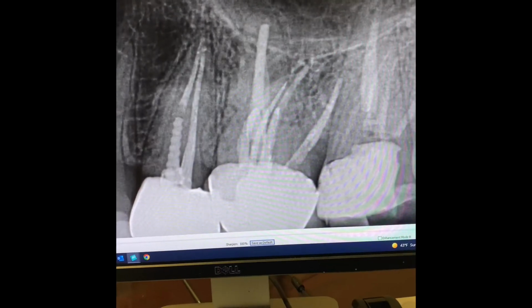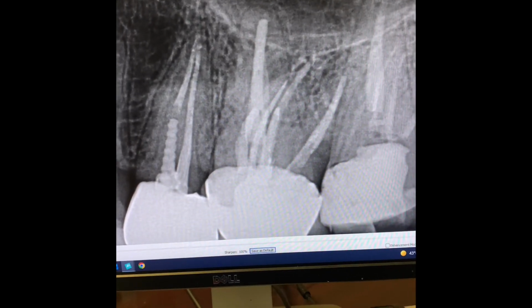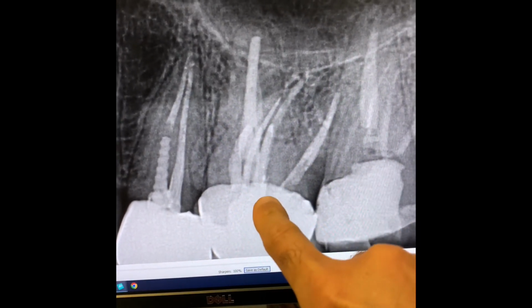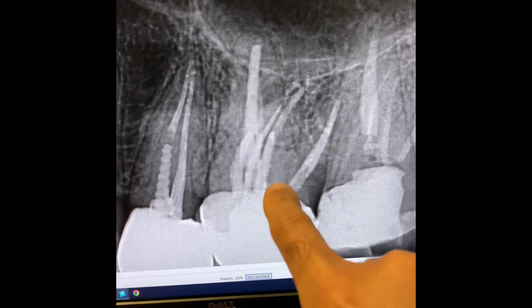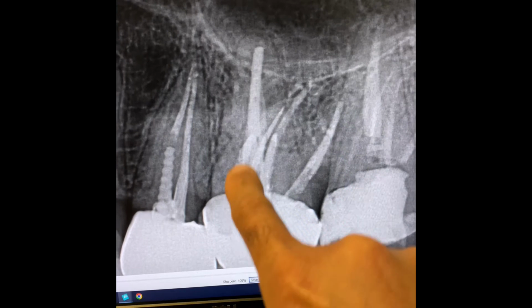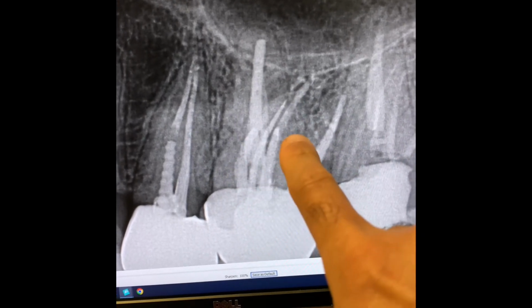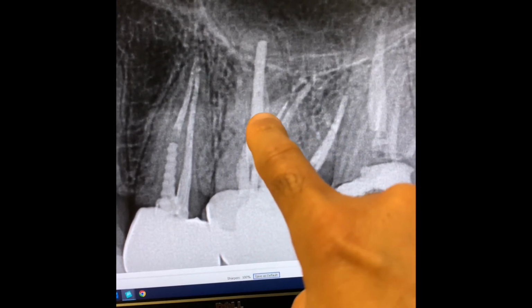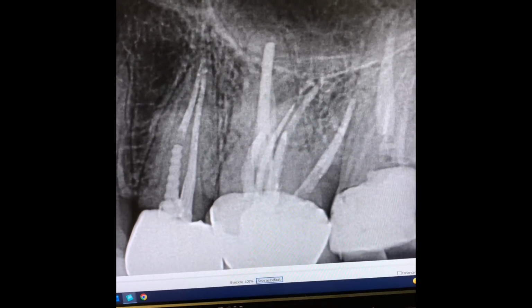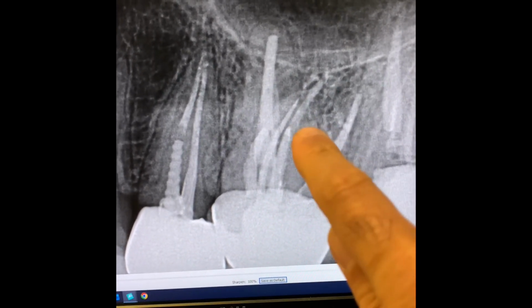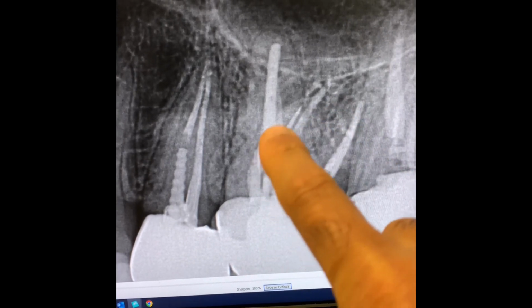So this is immediately after we redid the root canal, and you can see the missed MB2 there. 3 separate canals, completely separate canals. The MB1 and the MB3 that the endodontist had found had large apical diameters, so I placed MTA plugs. So that's the MTA plug here and there.